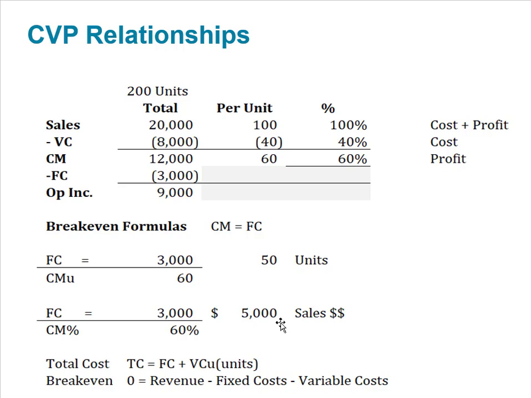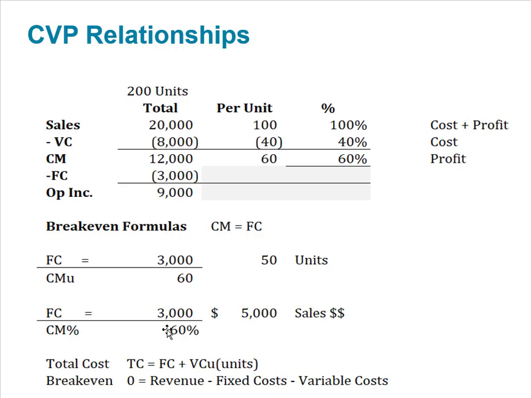So when I sell $5,000 worth of sales, I'll break even. It can't possibly be right. Sure, it's right. Because if I had sales of $5,000 and 40% was variable cost, that would be $2,000. It would give me a contribution margin of $3,000. Right, it's equal to fixed cost.